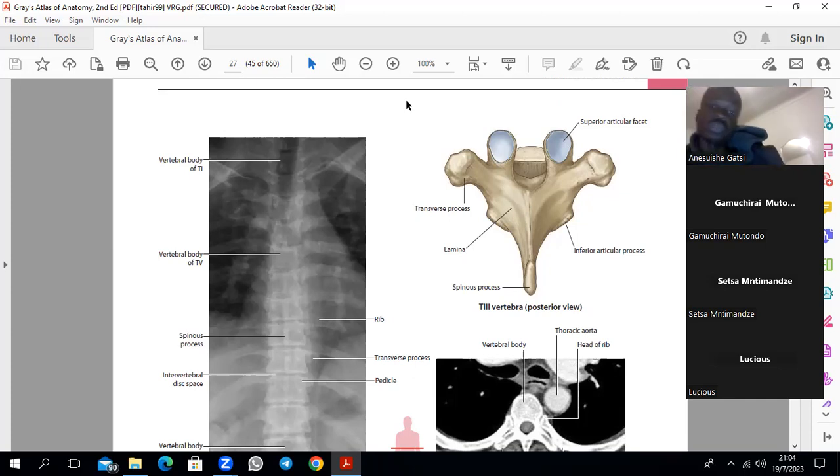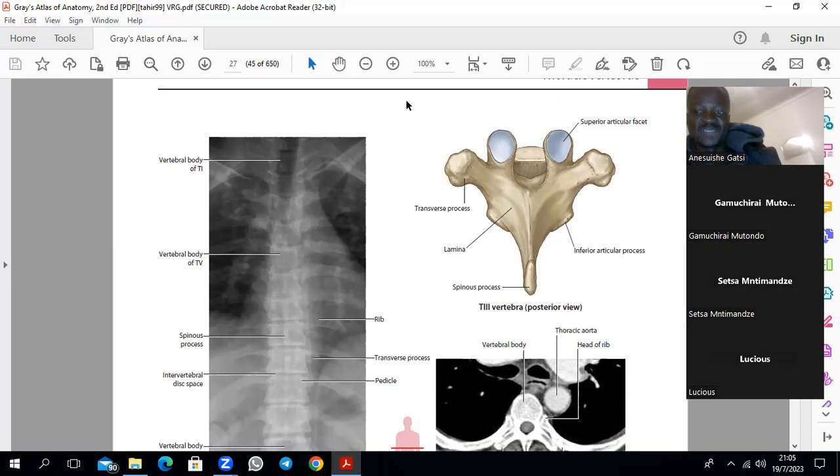Right? So beyond the 7 cervical vertebra that we were describing in the previous session, we have 12 thoracic vertebra. To make life easier again, you describe what's typical, then you describe what's atypical.